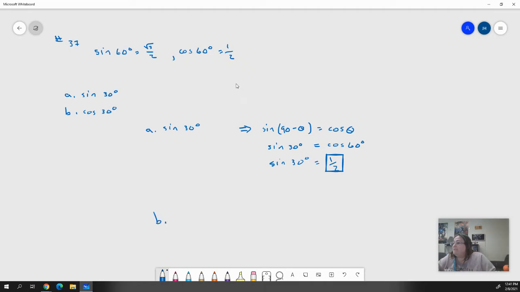Now B asks us for the cosine of 30 degrees.